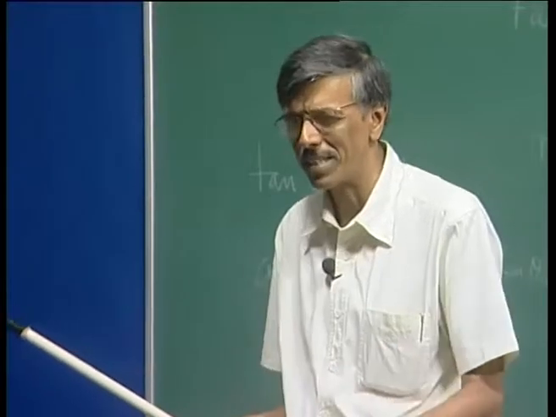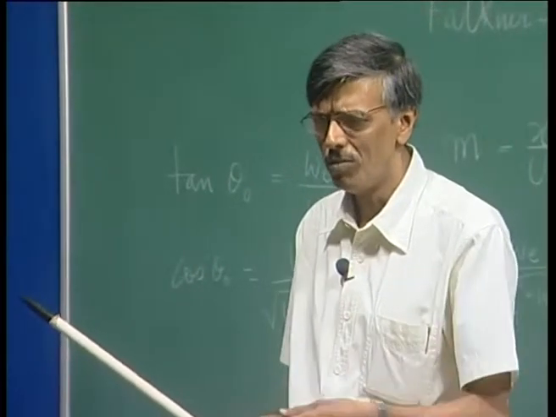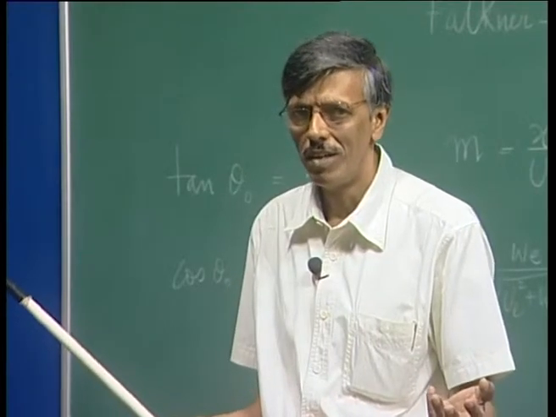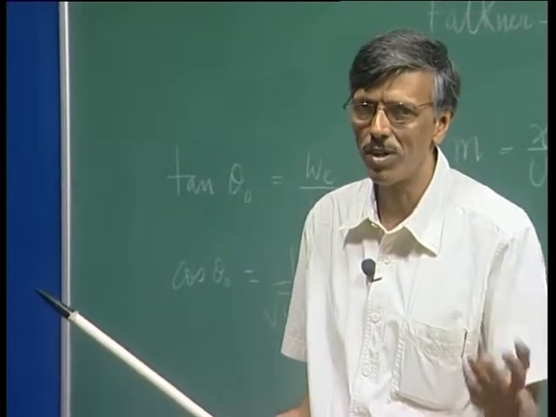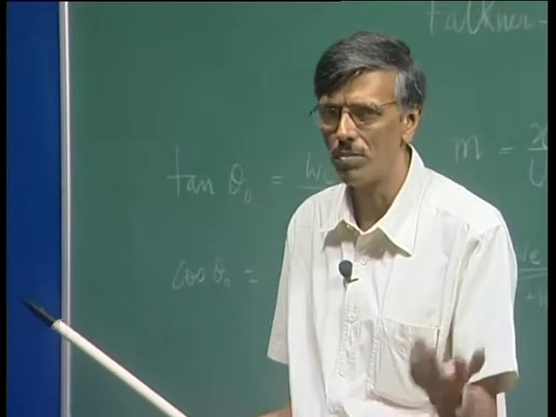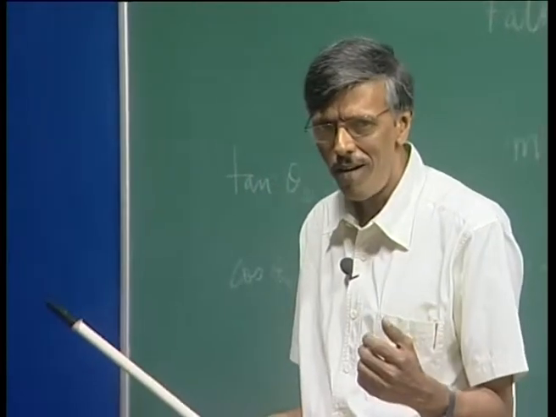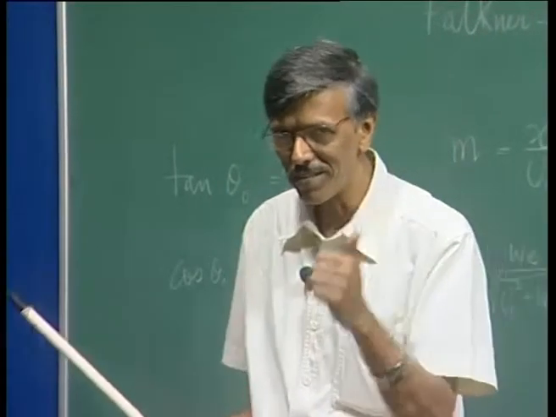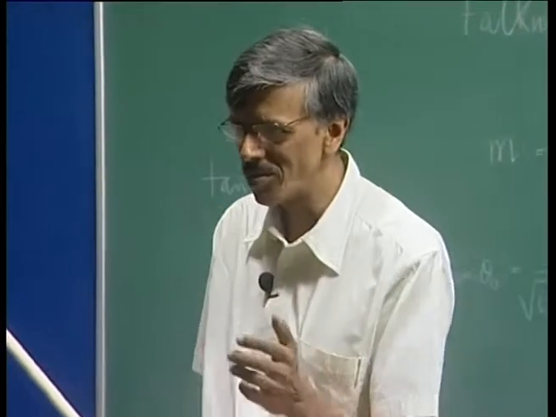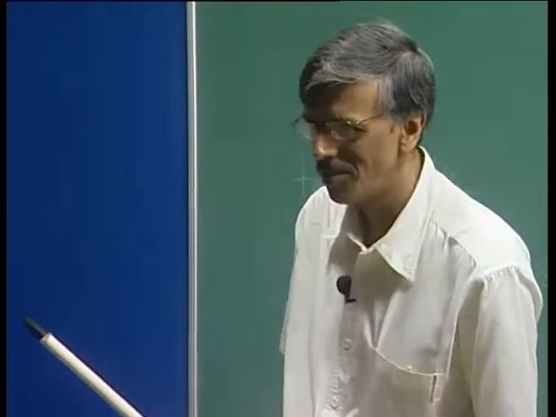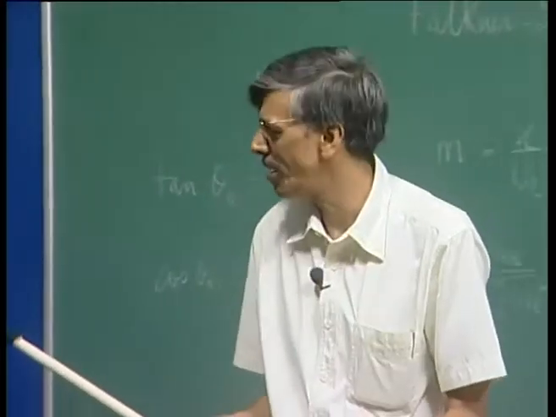There are other mathematical issues, that vorticity field also happens to be divergence free, because it is a two dimensional flow. So, it becomes automatically divergence free. Why? Because omega is in the z direction, so the divergence of omega in the xy plane is of course 0, because omega is not a function of z.